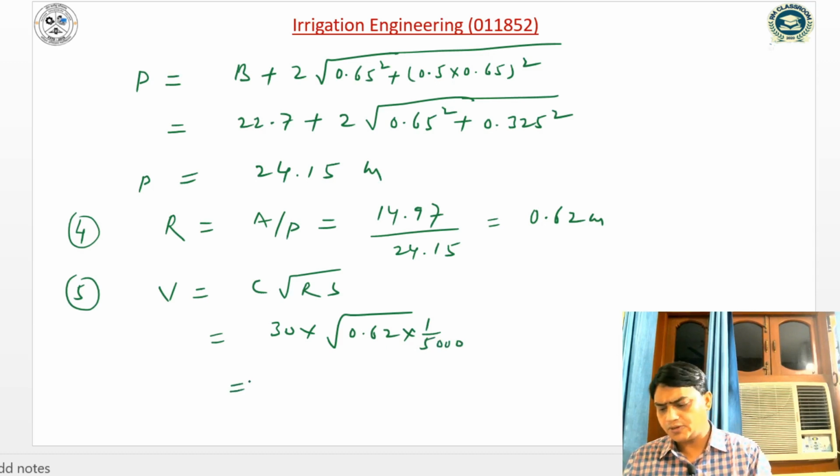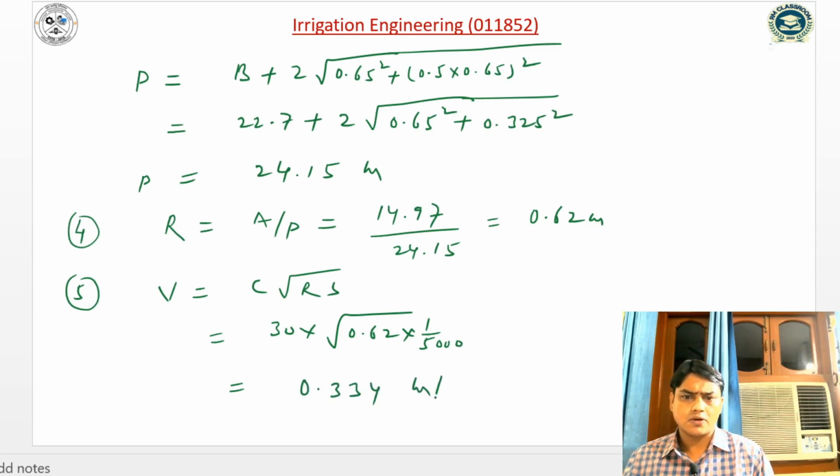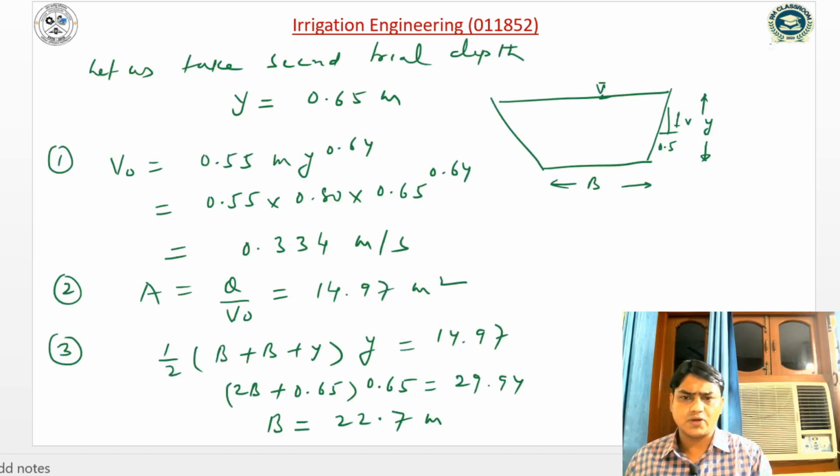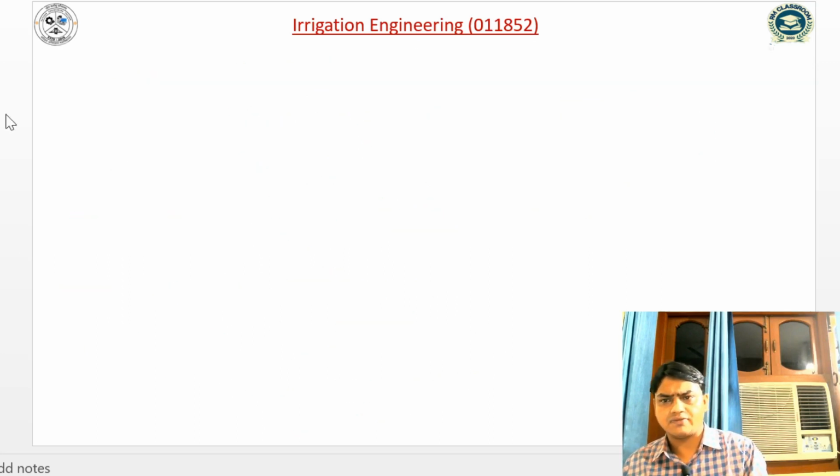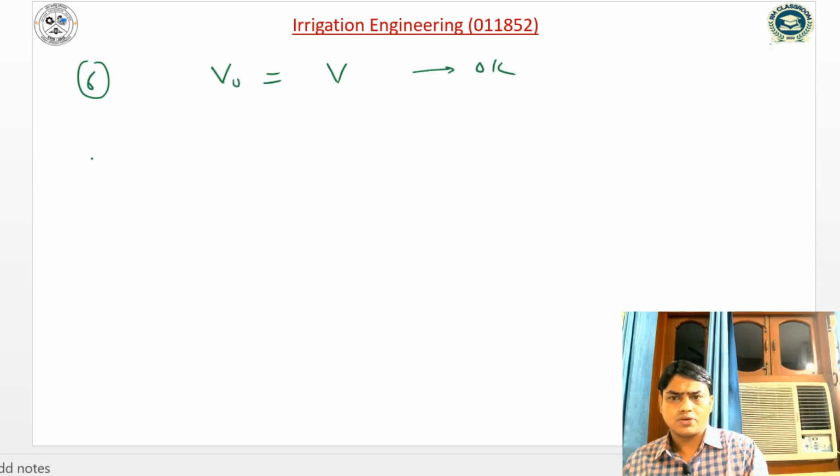So it is 0.334 meter per second. So if I match the value of actual mean velocity with the critical velocity, it is exactly equal. So step 6, V naught is equal to V. So it is okay.